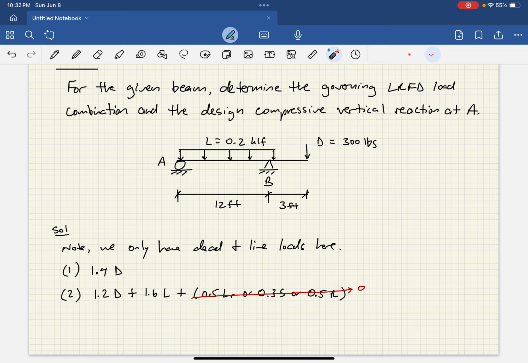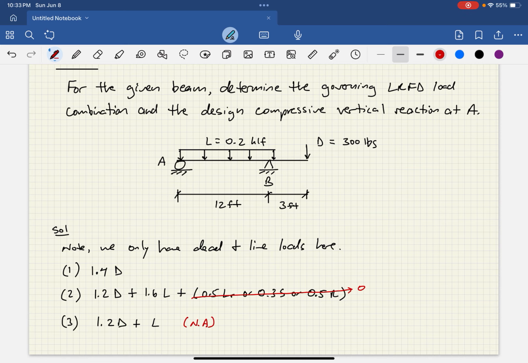So, for example, if I tried to write down load combination 3, it is going to reduce to 1.2 dead plus live. Okay, notice that middle term, 1.6 roof live or 1.0 snow or 1.0 rain. None of that shows up here because we don't have that for this particular problem. We only have dead and live. Well, this load combo 3 is not going to be applicable.